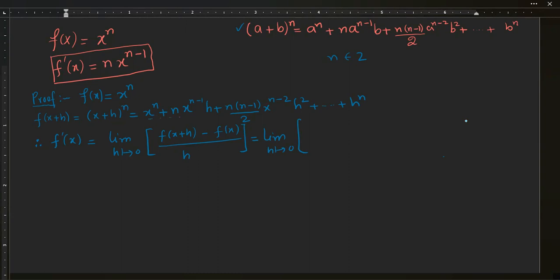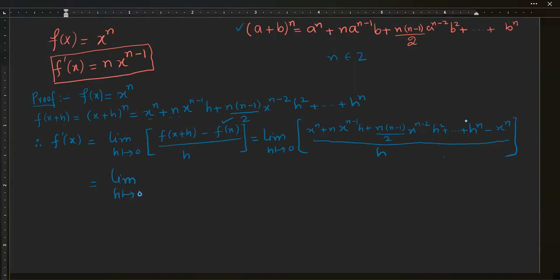So I can write x^n plus n times x^(n-1) h plus n times (n-1) divided by 2 x^(n-2) h^2 plus so on till h^n and minus x^n, because we also need to insert the value of this f of x, and all of this divided by h, right? Then we can write it after simplification.